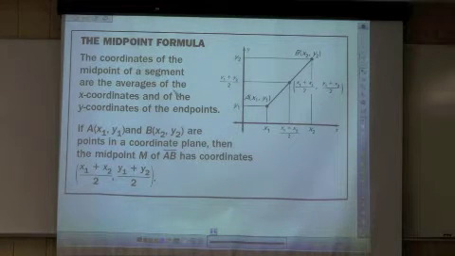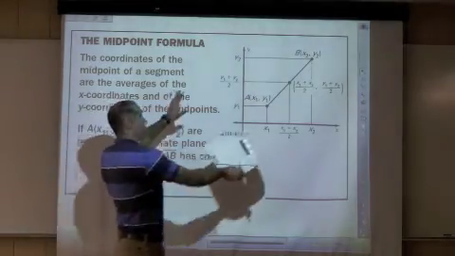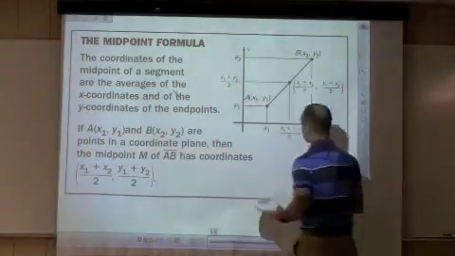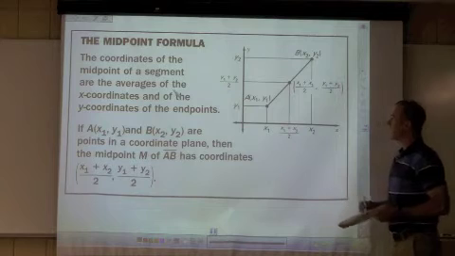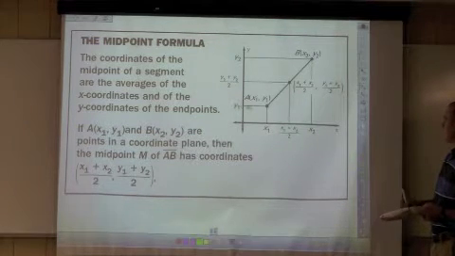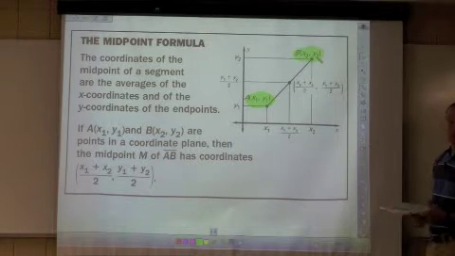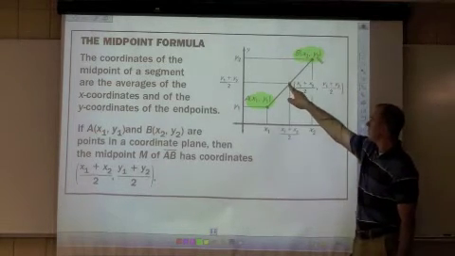And it's really nice. All you basically are doing is averages. The midpoint formula, this is a really fancy way of saying it. Let me highlight the important pieces right here. Here's the first point, call it x1, y1. Here's the second point, x2, y2. How do we find that midpoint?